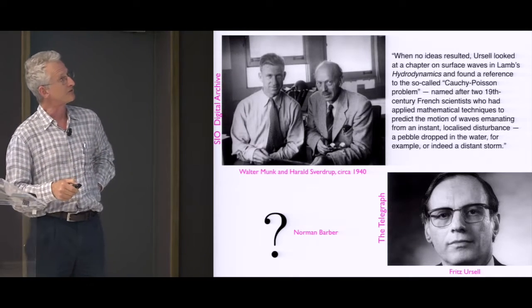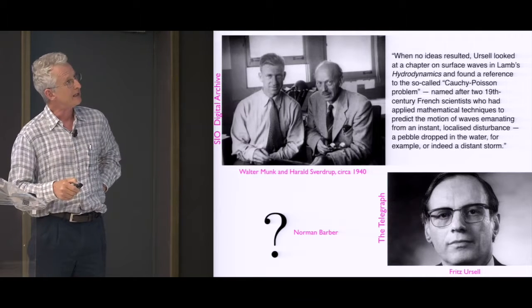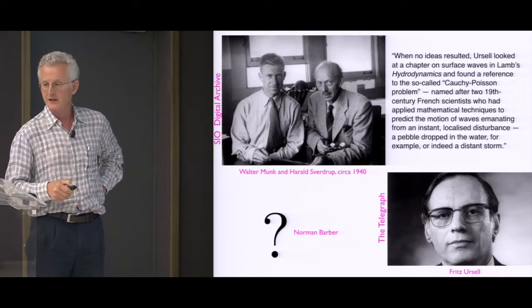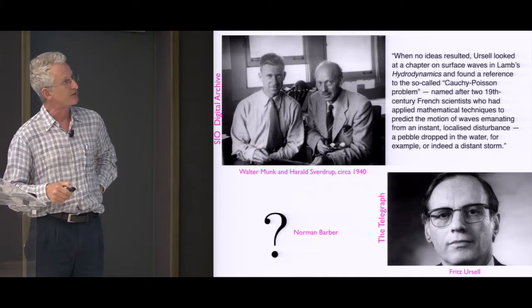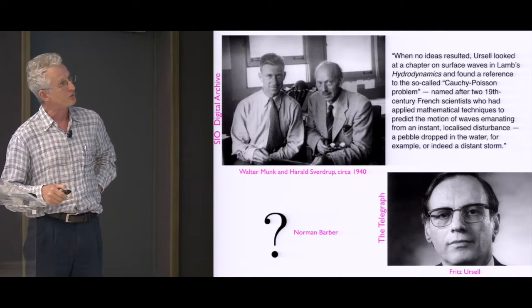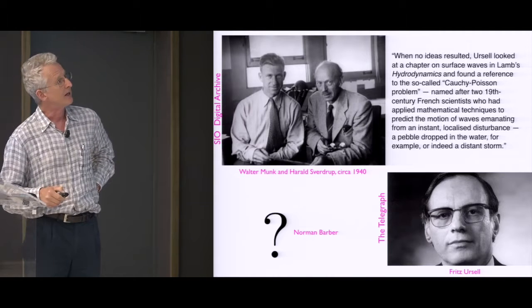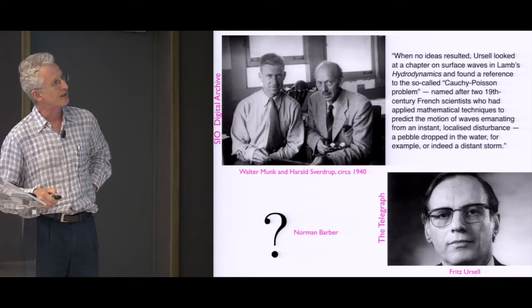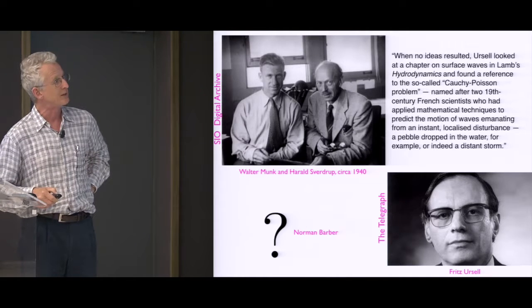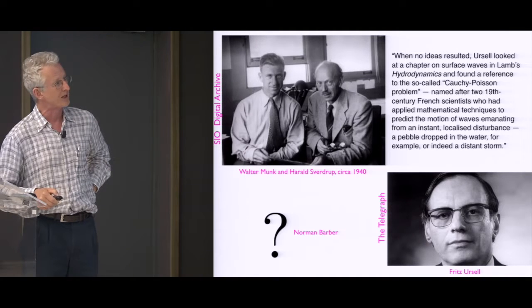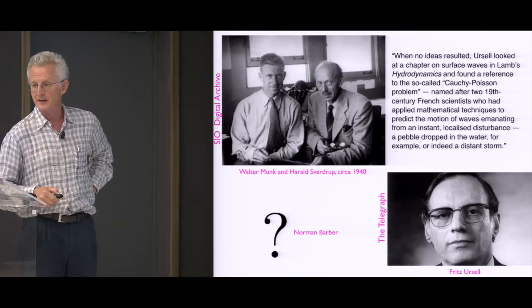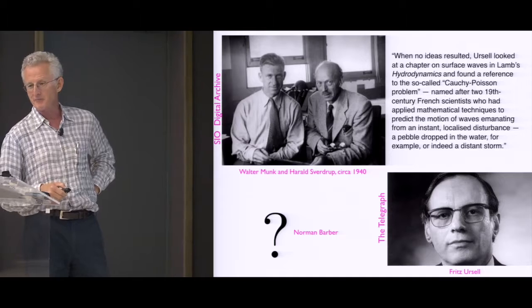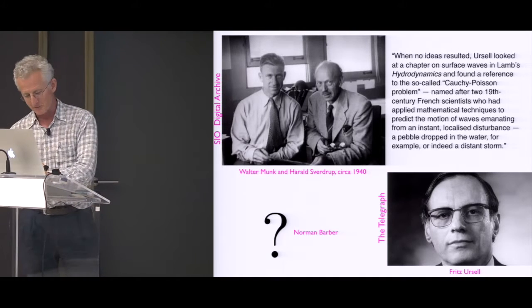And as the Telegraph said in his obituary, when no ideas resulted, Ursell looked in a chapter in Lamb's Hydrodynamics and found a reference to the so-called Cauchy-Poisson problem, named after 2 19th century French scientists who had applied mathematical techniques to predict the motion of waves emanating from an instant localized disturbance, a pebble dropped in the water, for example, or indeed a distant storm. So these guys were so desperate they actually read Lamb's Hydrodynamics in an attempt to make a prediction of surface gravity waves.